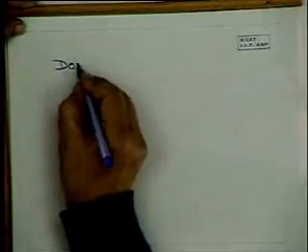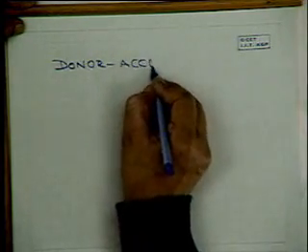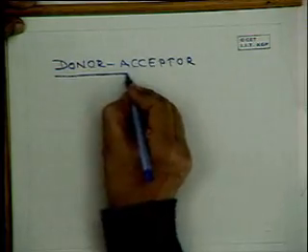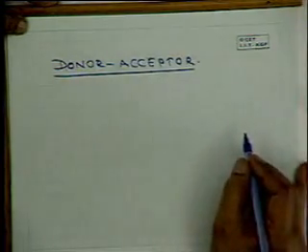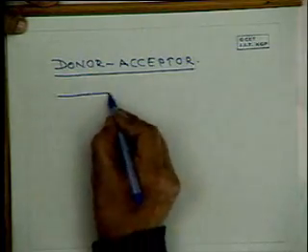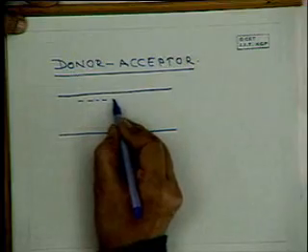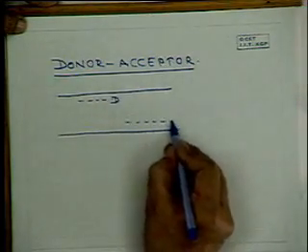Now we come to another very important mechanism, that is direct donor-acceptor recombination mechanism. I've already talked about the donor-acceptor absorption. So this is the counterpart. We have a material with both donors and acceptors.